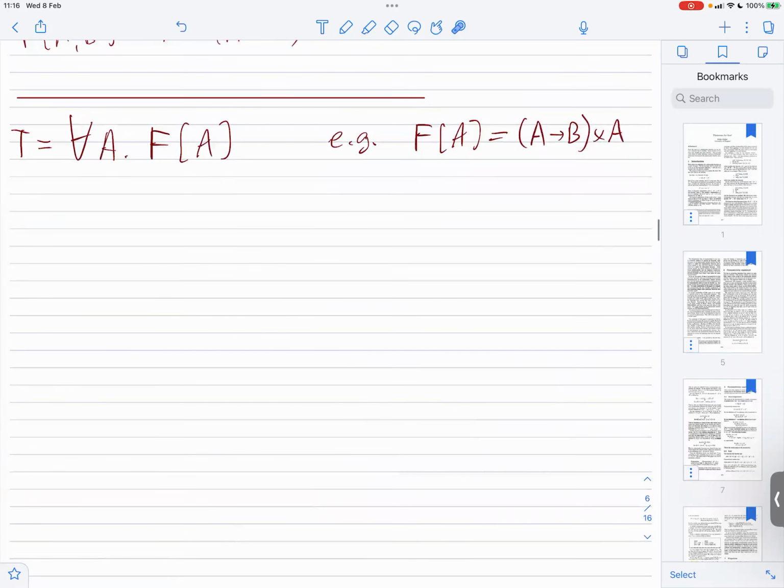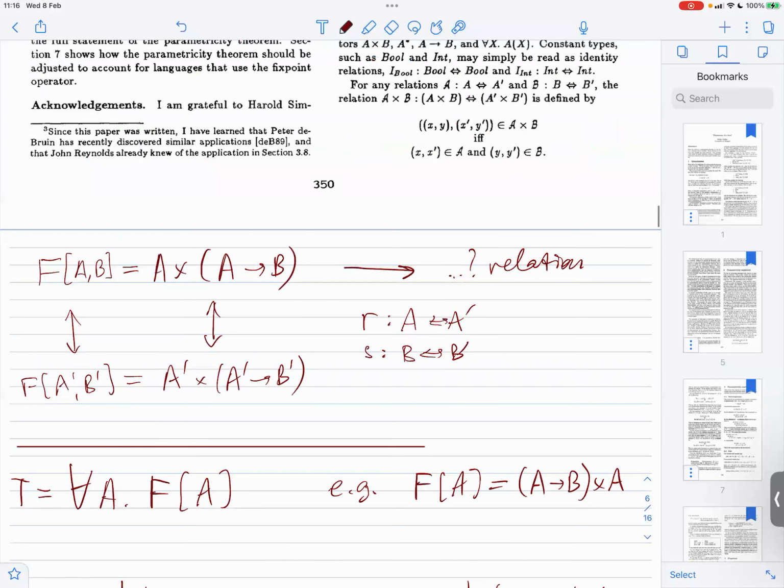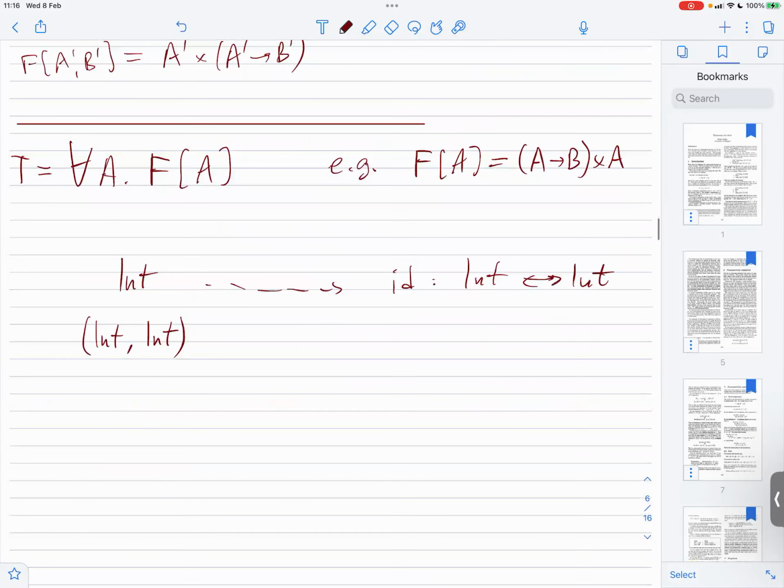So translating that into equation, I would say if you have a constant type int, then the corresponding relation is an identity between int and int. Then I can take products and I can take functions from, say, int. I can have a product of int, right? So that's, let me write it in notation that he is using, which is a more mathematical notation, the product.